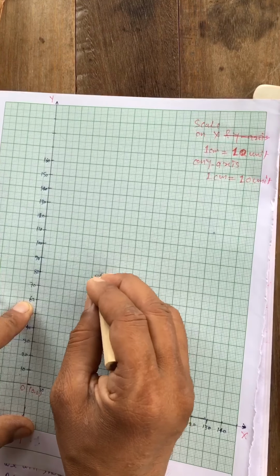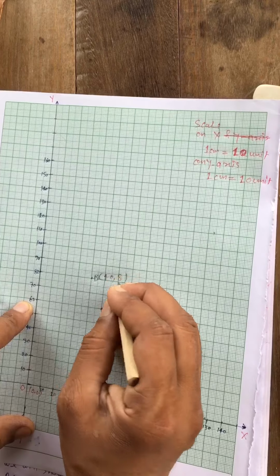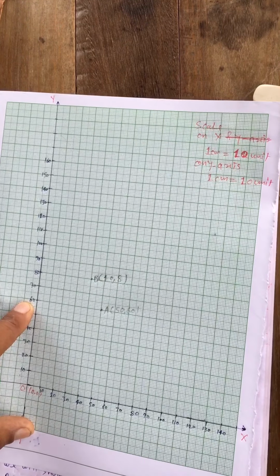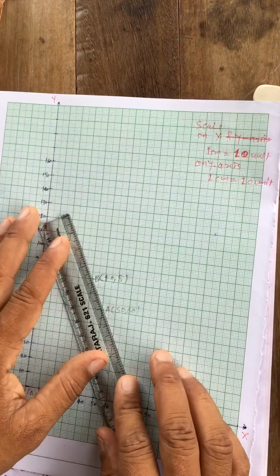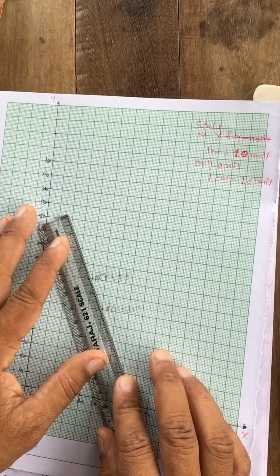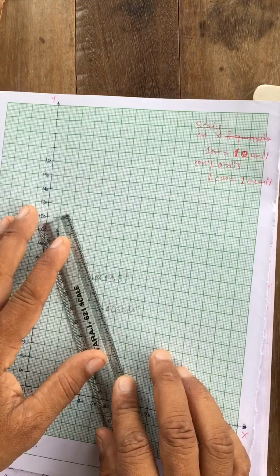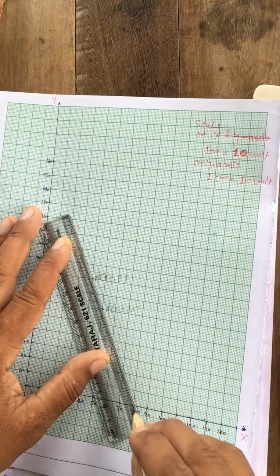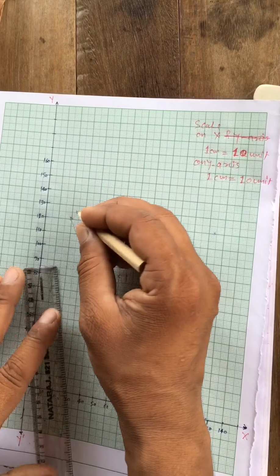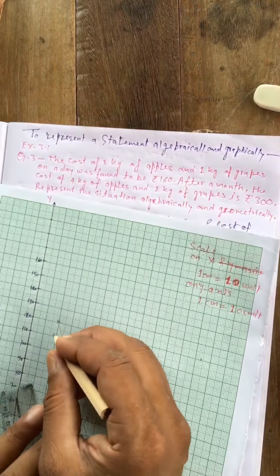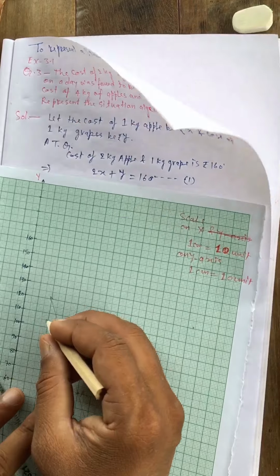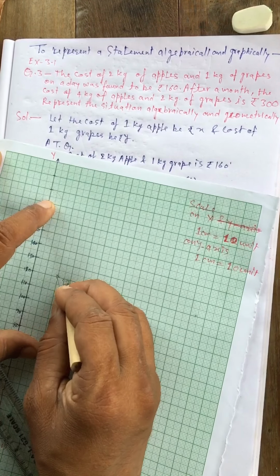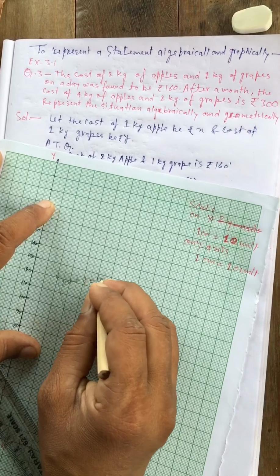The point B is (40, 80). Now if we join points A and B, then AB will show equation number 1, that is the line 2x plus y is equal to 160.